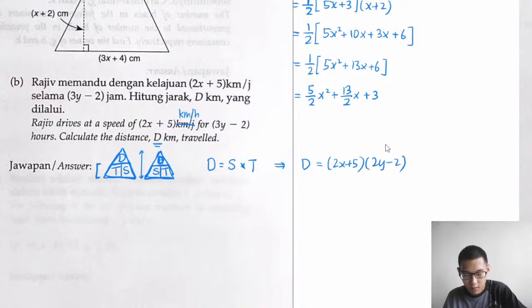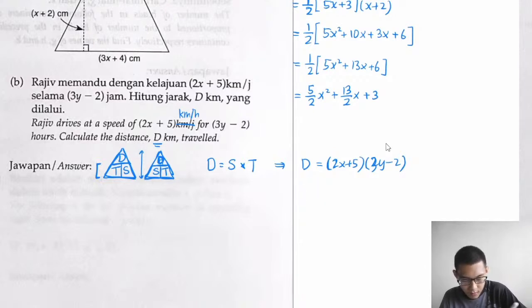We try to solve. Calculate the distance d km travelled. Maybe we don't need to write down the d also. We need to find the expansion for these two, speed and time. So we solve this and we can get the answer.